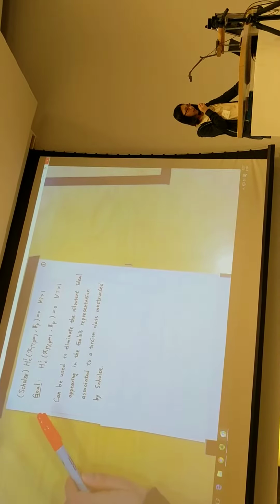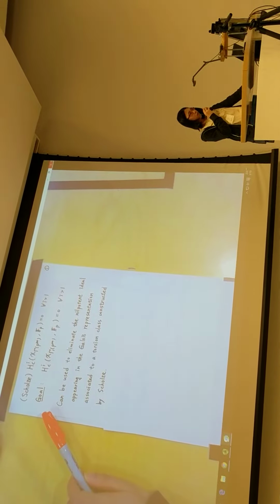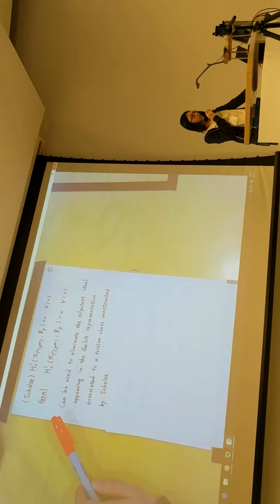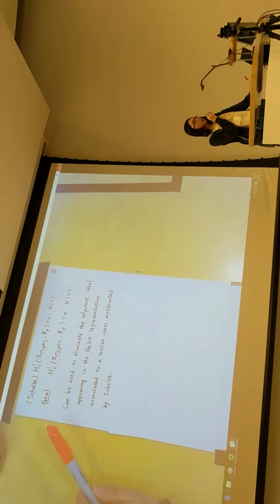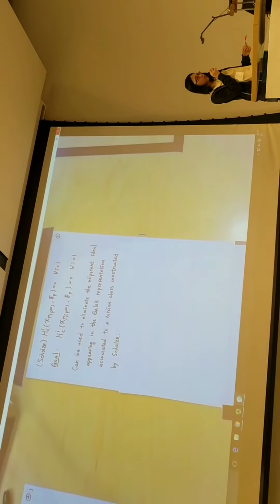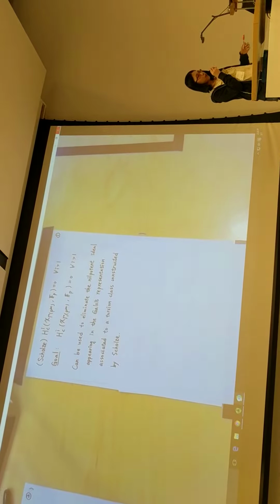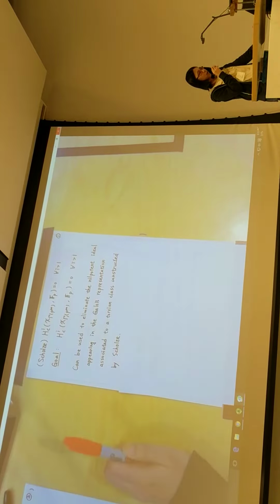The reason is that once we know this kind of cohomology vanishing result, we have a better chance to eliminate the nilpotent ideal, which appeared in the Galois representation associated to a torsion class, which was constructed by Scholz in the torsion paper.